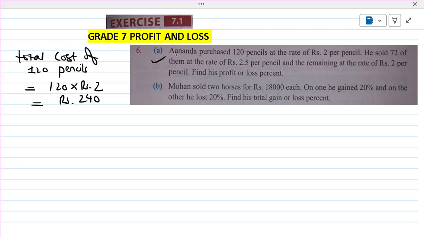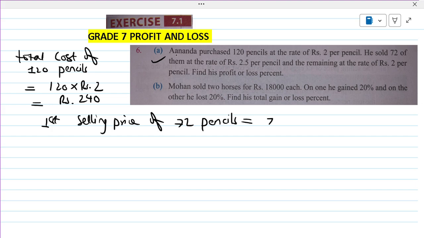So he has paid a total of rupees 240 for purchasing these pencils, and he is selling the first portion of 72 pencils at the rate of rupees 2.50. So let's go for the selling price. First selling price of 72 pencils.